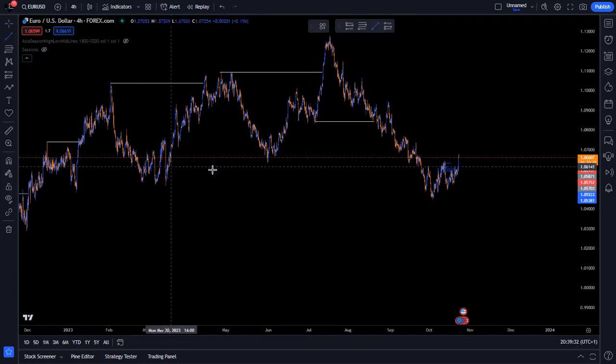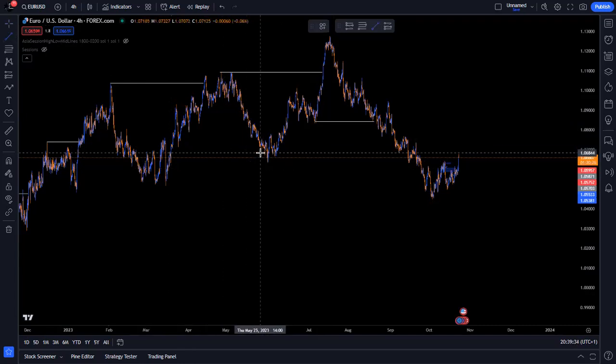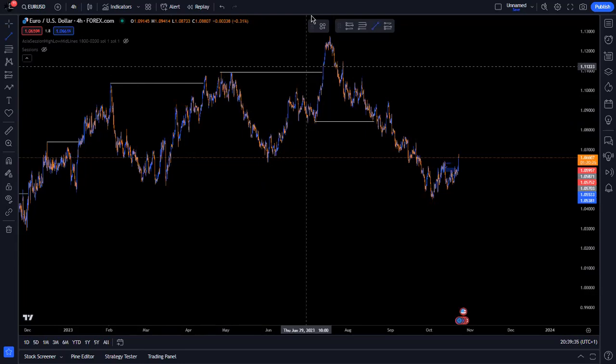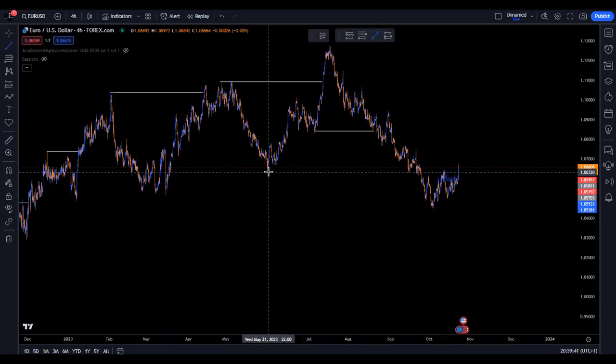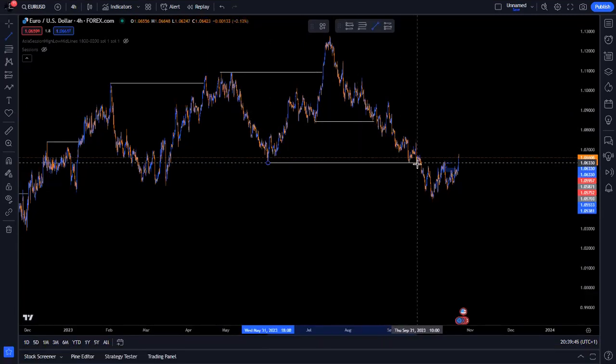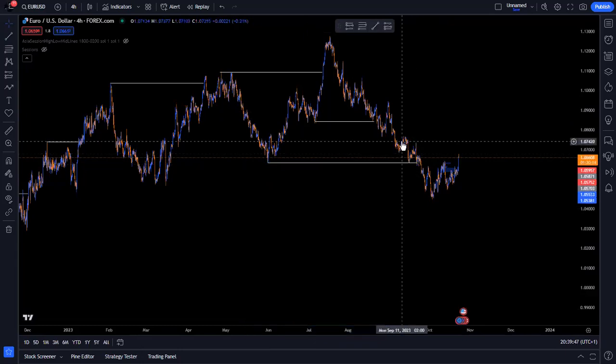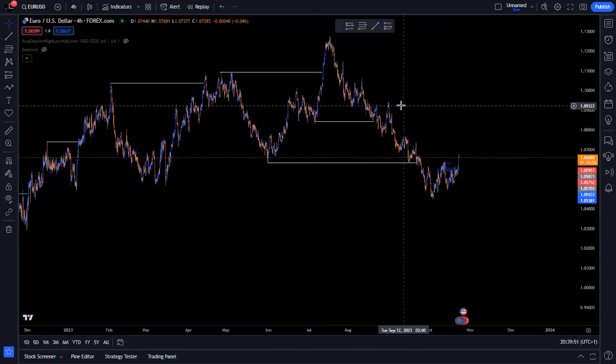No, that's not a market structure shift. The market structure shift is below. The one before that one, because it already broke the previous low. All right, calm down, chill, relax.